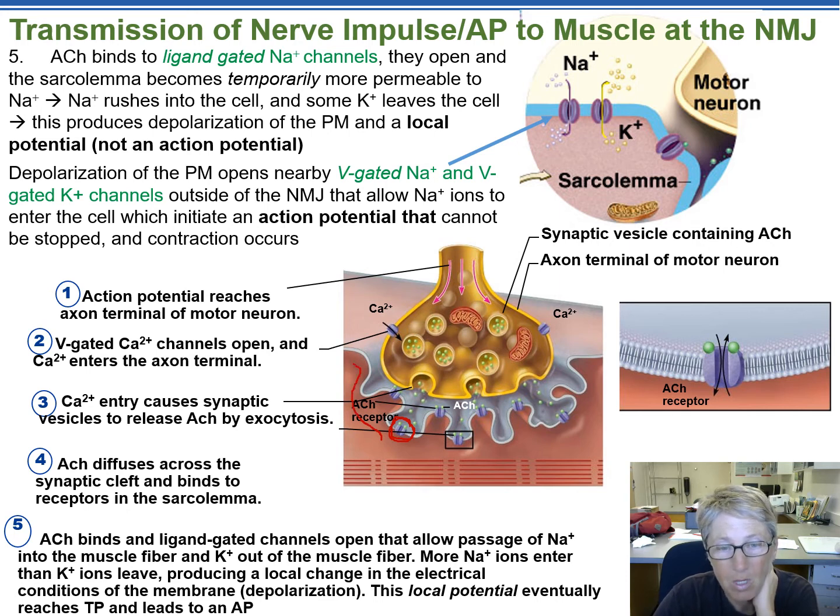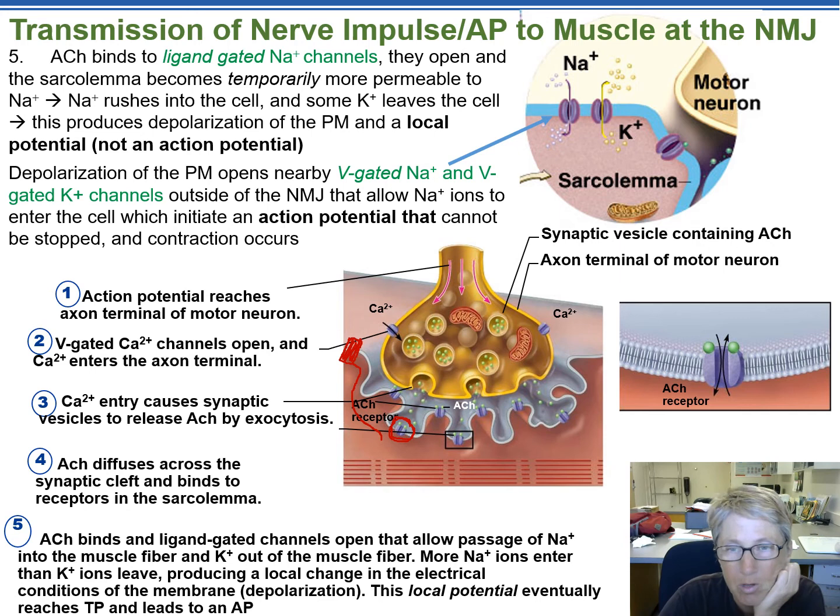And then this is tricky because you have ligand-gated sodium channels just underneath the axon terminal, but here on the periphery of the neuromuscular junction, just outside the neuromuscular junction, you have sodium channels as well, but they're not ligand-gated, they're voltage-gated.